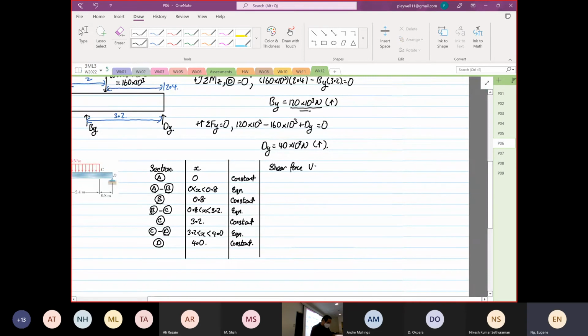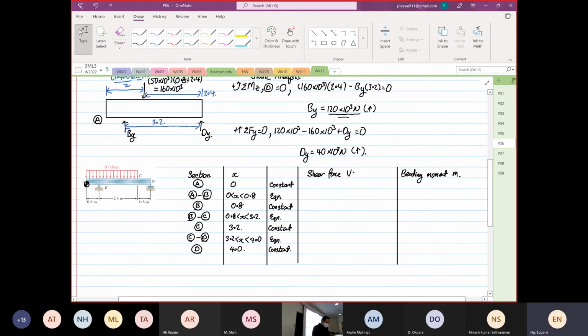It'll be your V, and then over here will be your bending moment, your M. On this diagram, the way it's loaded, at point A you have 0 shear force and 0 bending moment.